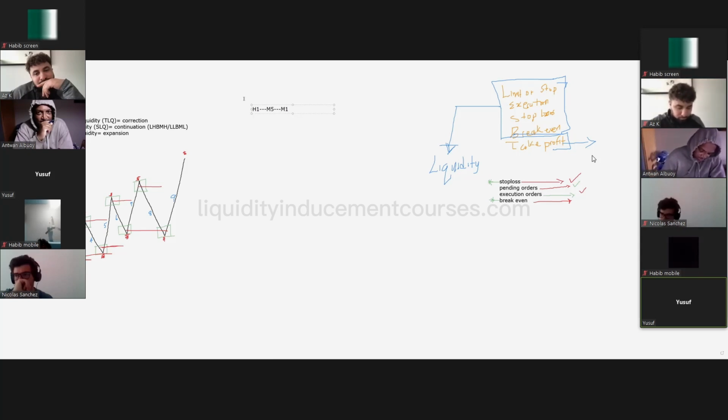Now, for the H1, your job with the H1 time frame, given the trading plan, is to identify where you are in the market. Are you writing that down, guys? The H1 is there for you to identify where you are in the market.